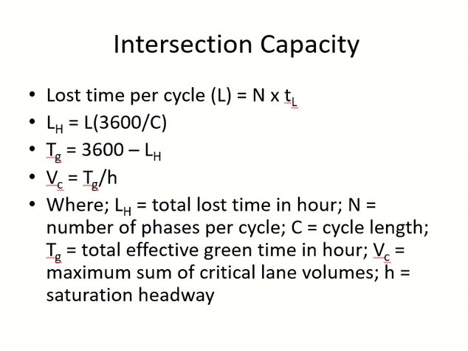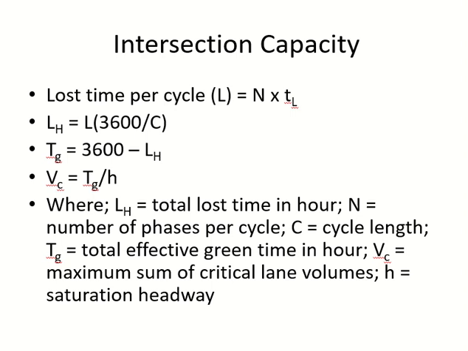In effective green time, the interval between the vehicles is called saturation headway. So if I want to find out how many vehicles I can have, I take the effective green time divided by the saturation headway, the interval.